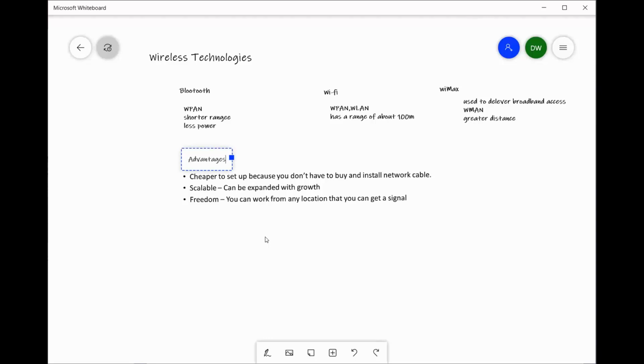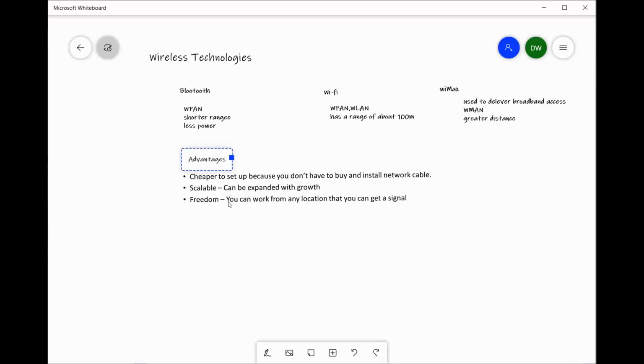And when we want to expand, it is easier to expand a wireless network than a wired network, because if you want to expand a wired network, we will have to buy more wires, and we will have to think of the location of the devices. But when we have wireless signals, it will not be a problem. We just need the device. We do not have to think about the kind of wires we need, right?